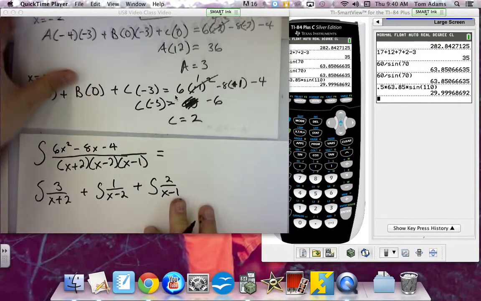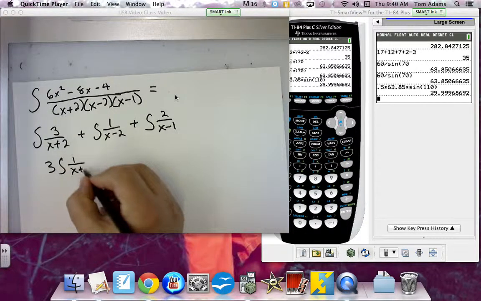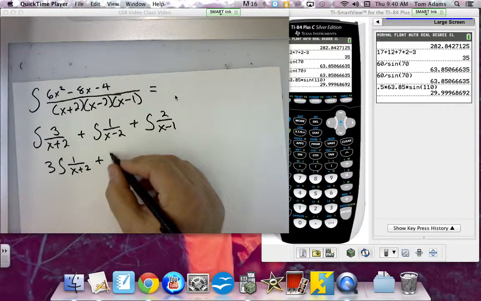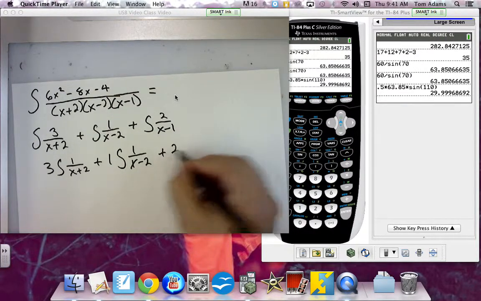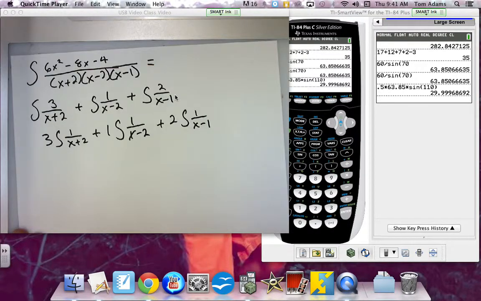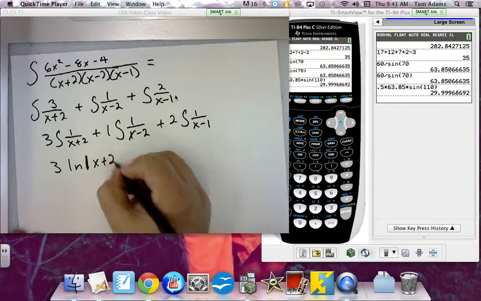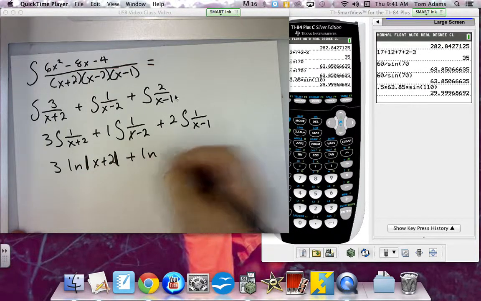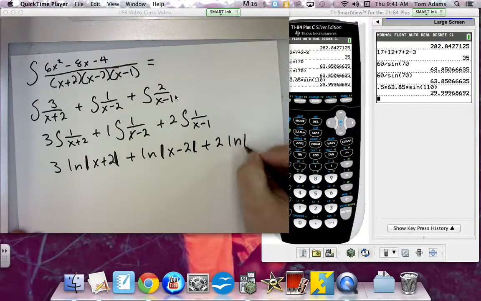If I take the constants and toss those to the front, I get 3 times the integral of 1 over x plus 2, plus 1 times the integral of 1 over x minus 2, and I didn't really need to do that, but I did it anyways, plus 2 times the integral of 1 over x minus 1. So then I have 3 times the natural log of the absolute value of x plus 2, plus the natural log of x minus 2, plus 2 times the natural log of the absolute value of x minus 1.